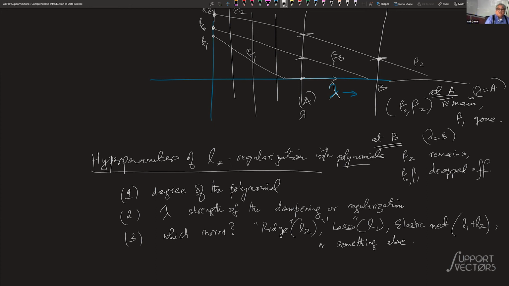Look at this point, let me call it C. At lambda equal to C, beta 1 goes to 0. So for all values of lambda greater than C, beta 1 will forever remain 0. It stays flattened out. Once gone, it's gone forever. It doesn't come back.